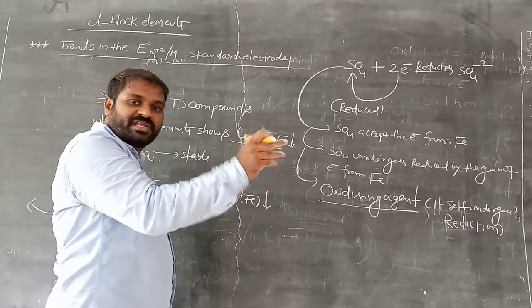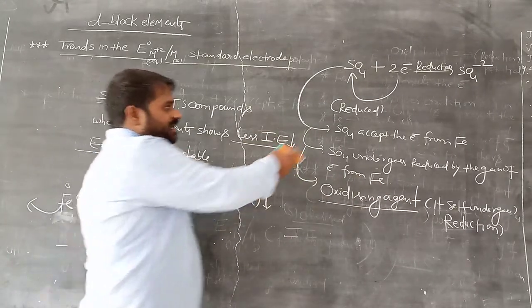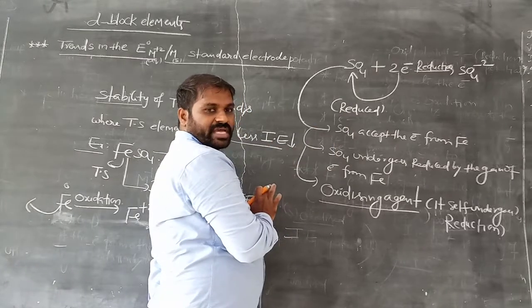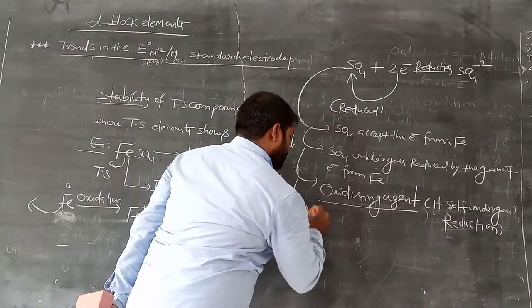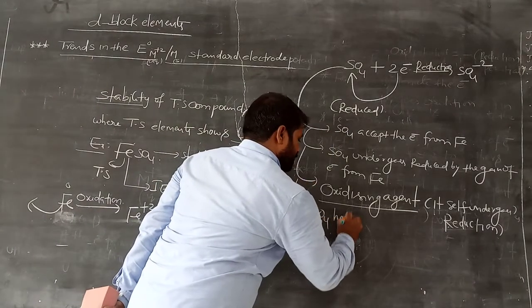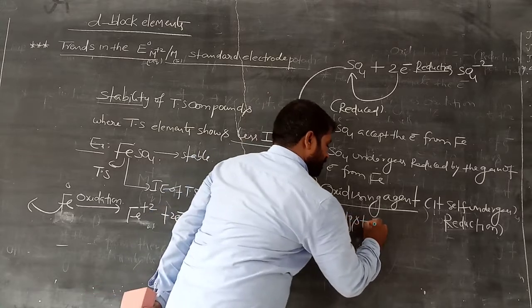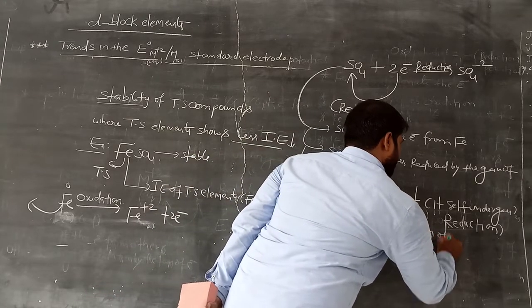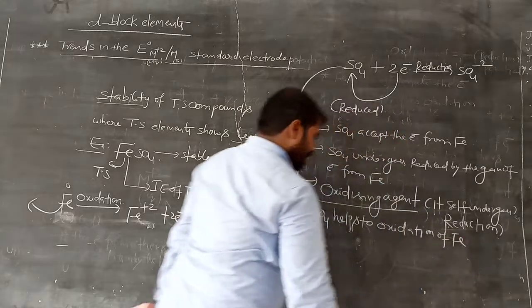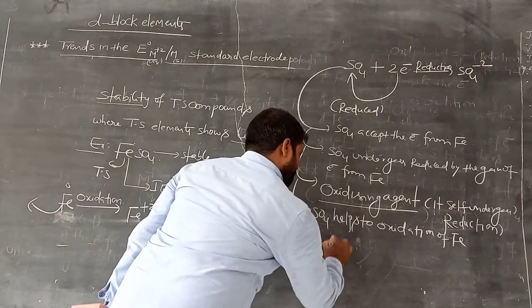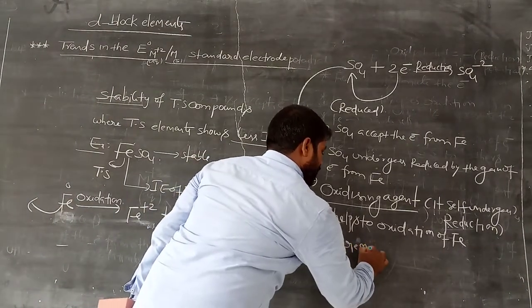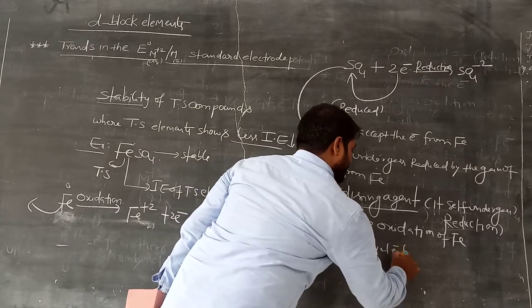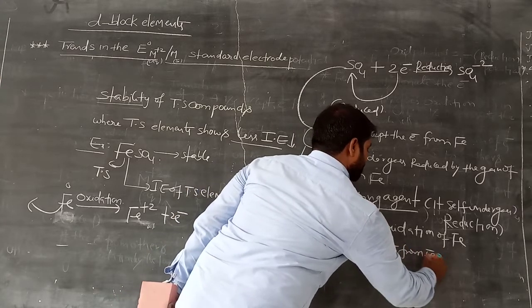Iron undergoes oxidation by the loss of electrons. Sulfate gains the electron, it undergoes reduction. That means SO4 helps the oxidation of iron by the removal of electrons from iron.